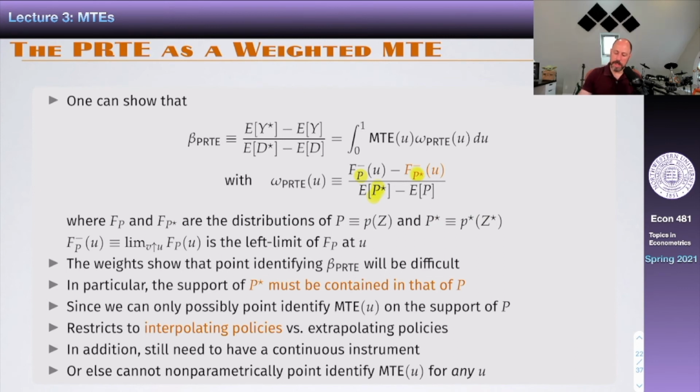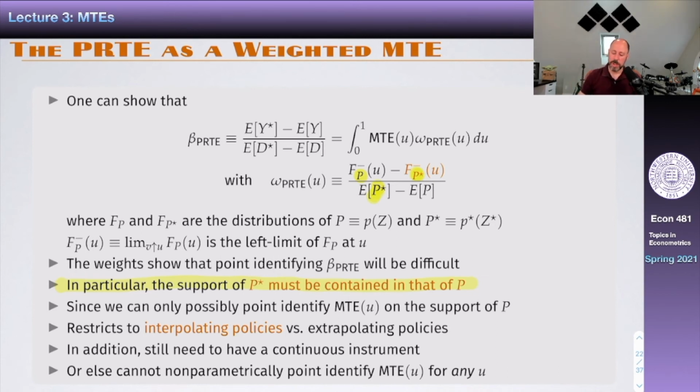And what's important here is that the support of the new propensity score must be contained in that of the old propensity score. So that gives you the extent of the policies that you can evaluate. Okay, you might say, well, the one that I wanted to evaluate had a propensity score outside this.